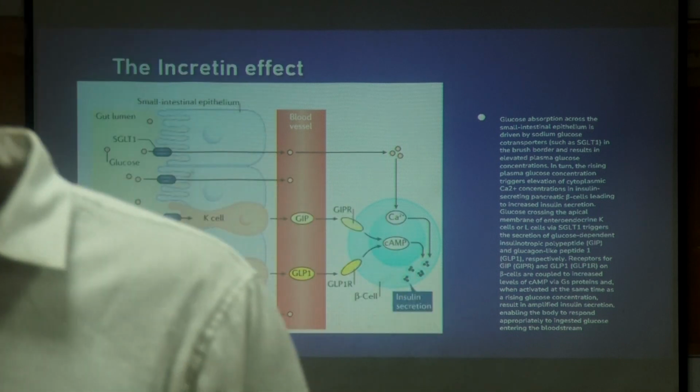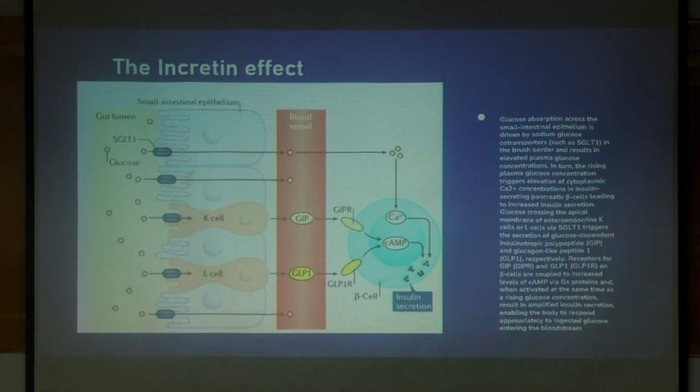So what is the incretin effect? It is a somewhat complicated biochemical process. We all know the role of the SGLT2 transporter. Glucose absorption across the intestinal epithelium, driven by SGLT2, is the reason for the elevated plasma glucose, and it triggers the elevation of cytoplasmic calcium.